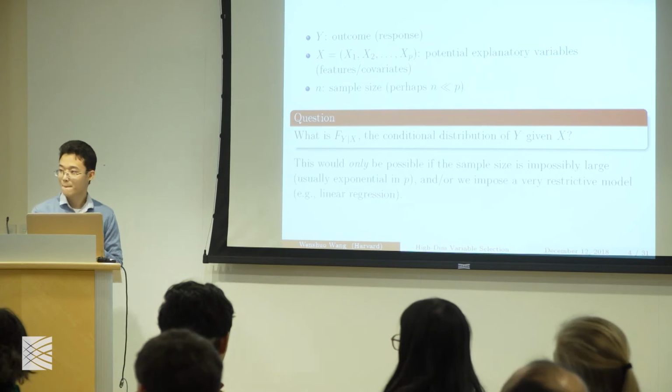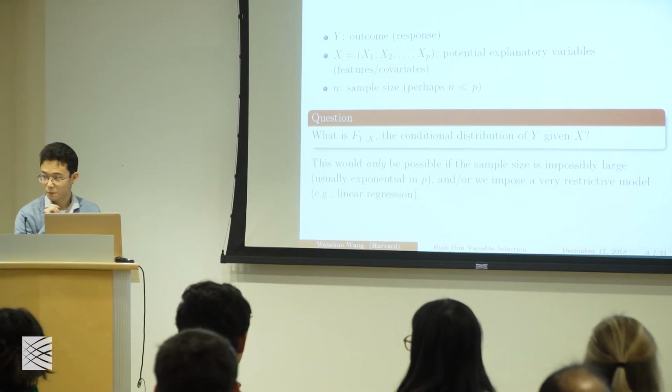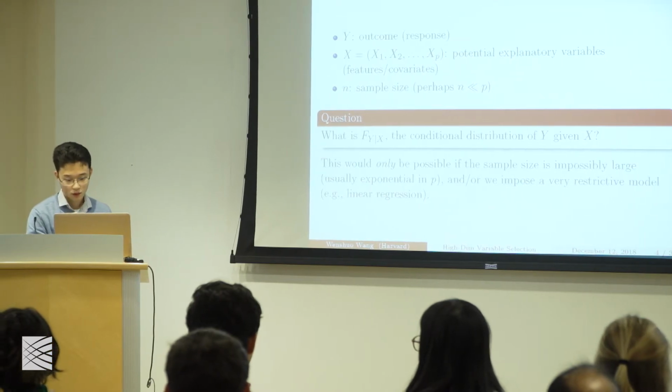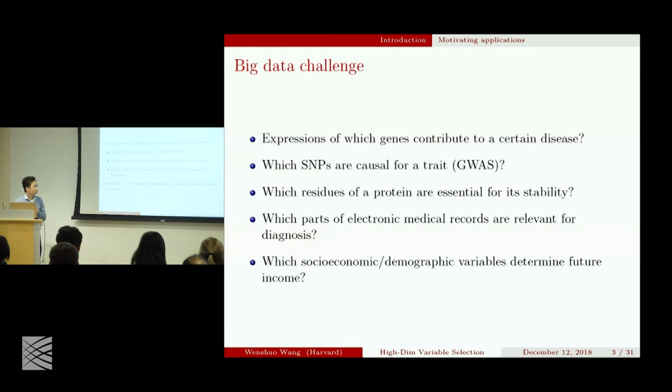Wenshuo, I certainly appreciate the rigorous notation, but can you give us some intuition as to why we care about the conditional distribution of y given x? Yeah, so basically that's the questions listed here. So for example, in the residue question, x would be the residues. So if you know x, basically how stable is your protein, right? That's the distribution of y given x.